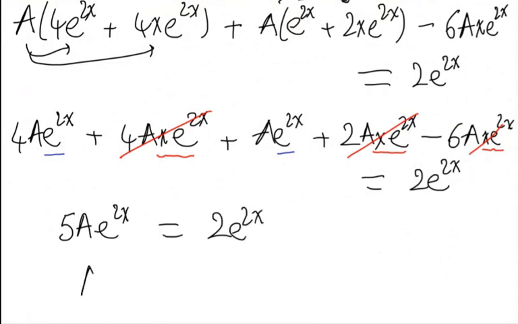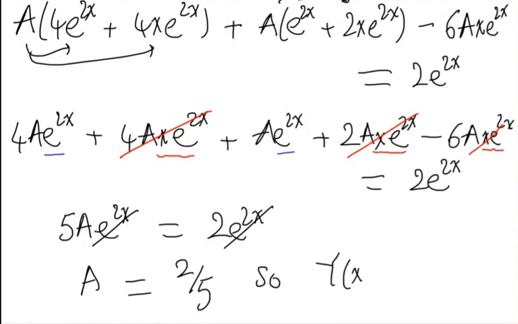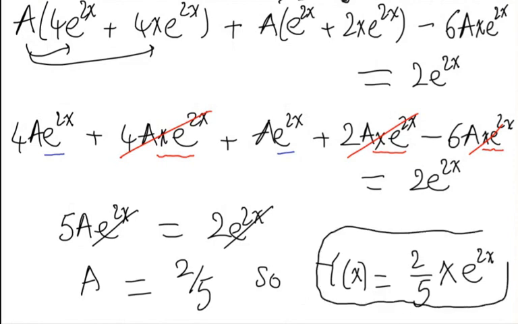Now we can solve for a by dividing both sides by e to the 2x and then dividing by 5, so we have 2/5. So we have found capital Y of x is 2/5 x e to the 2x. Don't forget the x here because that's our new modified guess.